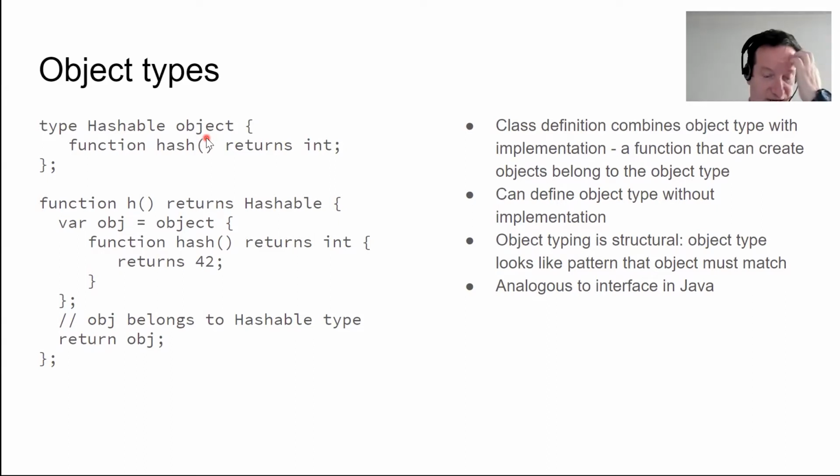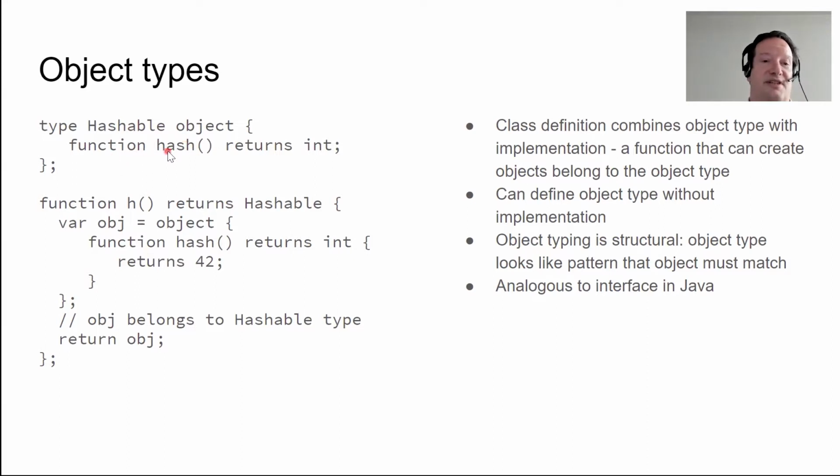A class gives you two things: a type for an object plus an implementation of that type, which you get when you use new. But you can just have the type by itself. And that's a bit like an interface in Java. So it's the type without any implementation. And it just looks like a pattern for the object.